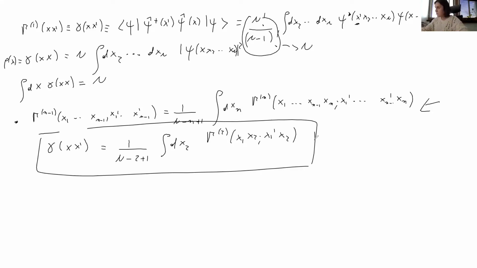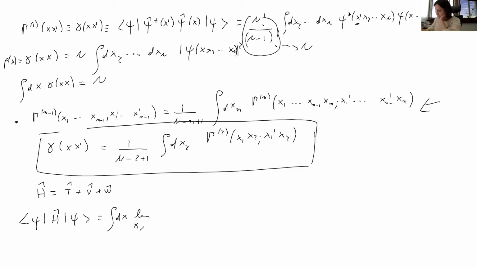So why are all these important? Well, because now from the definition of density matrices, you can immediately see that the total energy of your system can be expressed in terms of the one body and the two body density matrix. So if I have the Hamiltonian in second quantization, as I have written just some slides before, and if I want to calculate the total energy related to this Hamiltonian, well, it can be expressed in terms of the one body density matrix. So it can be expressed like this.